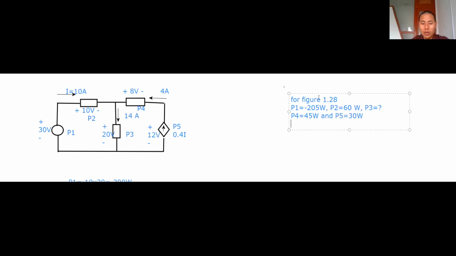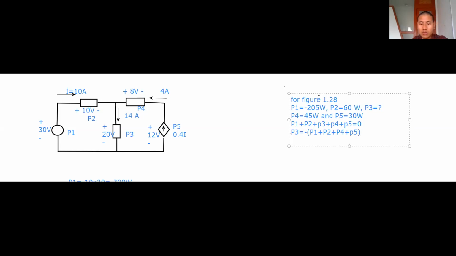To get the power, the law of conservation of energy says that P1 plus P2 plus P3 plus P4 plus P5 should be equal to 0. Our unknown power here is P3, so we make P3 the subject, which means P3 is negative of P1 plus P2 plus P4 plus P5.